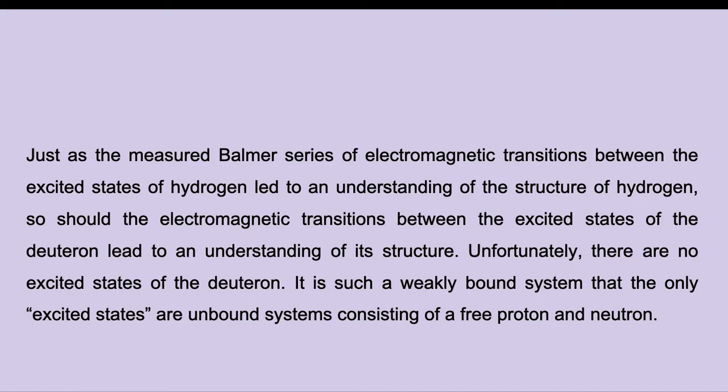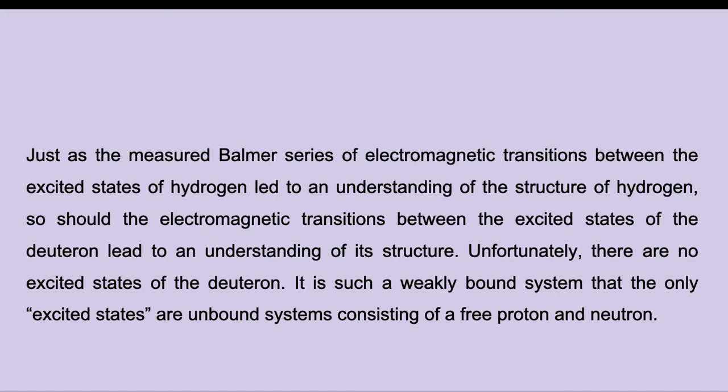But unfortunately, there are no excited states of the deuteron. We have already studied the energy transition in the Balmer series from a particular energy state to the lower state. It emits an electromagnetic radiation. Suppose you measure that electromagnetic radiation, you can get the difference in energy levels, etc. These types of studies can be made.